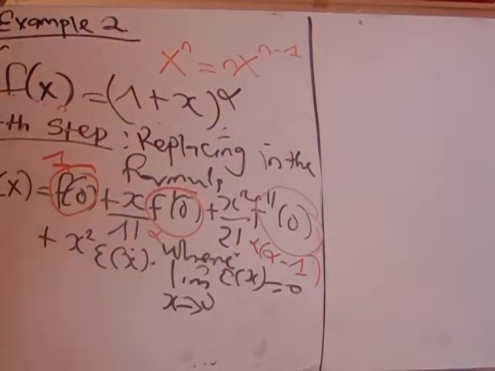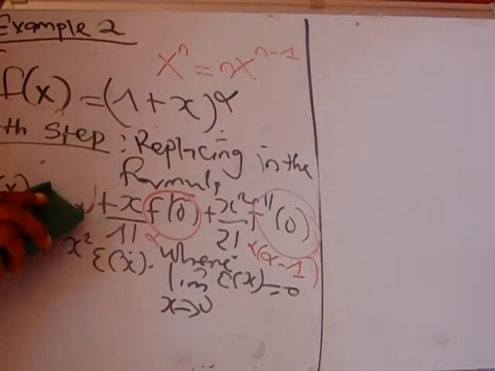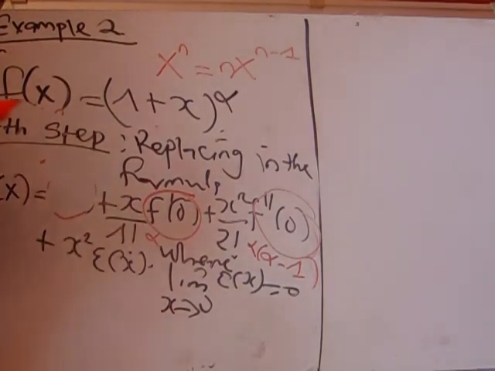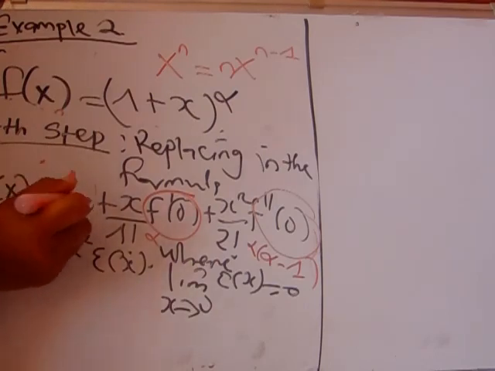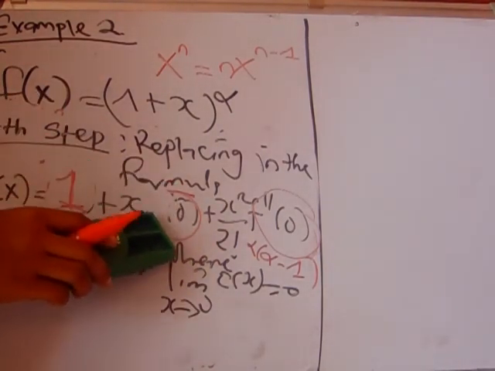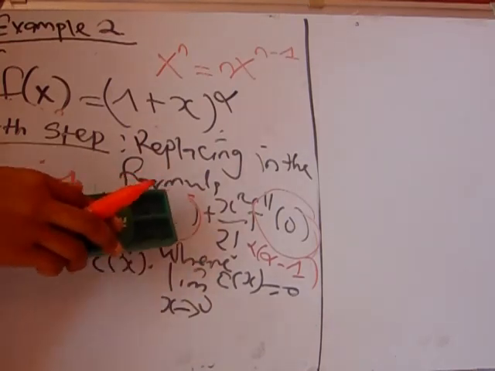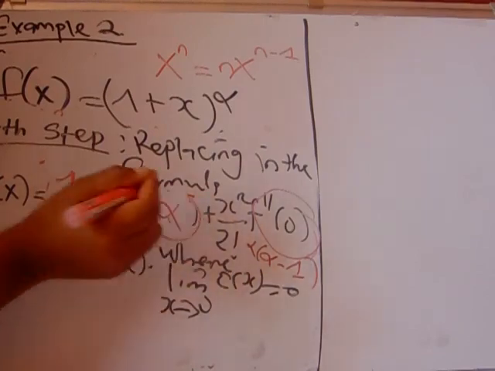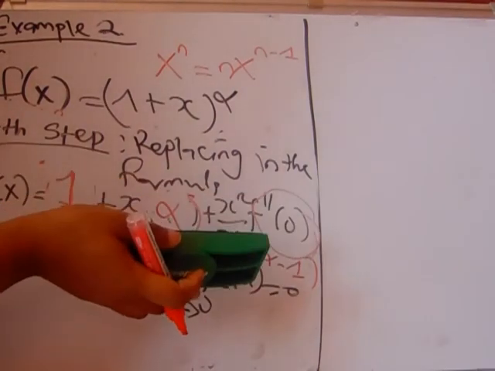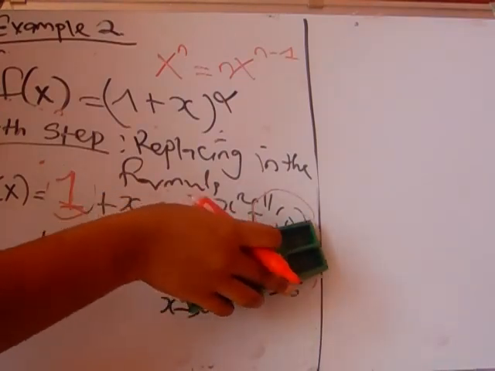We clean this and replace it with 1, because that's what our f of 0 is. This is alpha, and for this one it was alpha times (alpha minus 1).